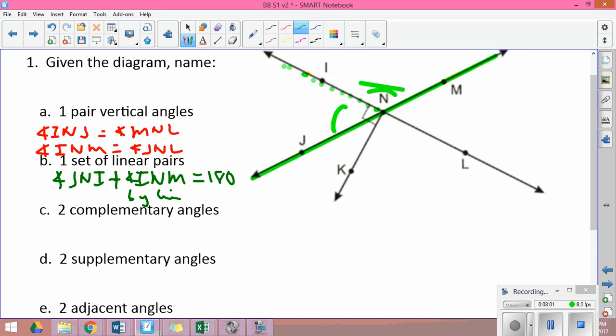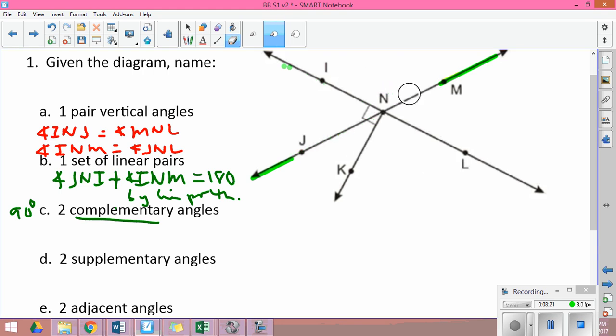And we're going to talk about giving reasons by the linear pair theorem as we move on. I know that those two angles are going to add to 180 because they are linear pairs. Complementary, remember, that's adding to 90. And the only way to know that angles add up to 90 if I don't have numbers on them is to look for a right angle box.